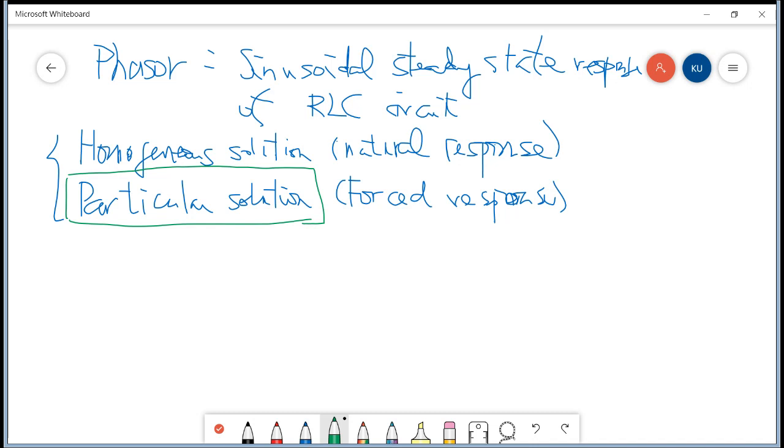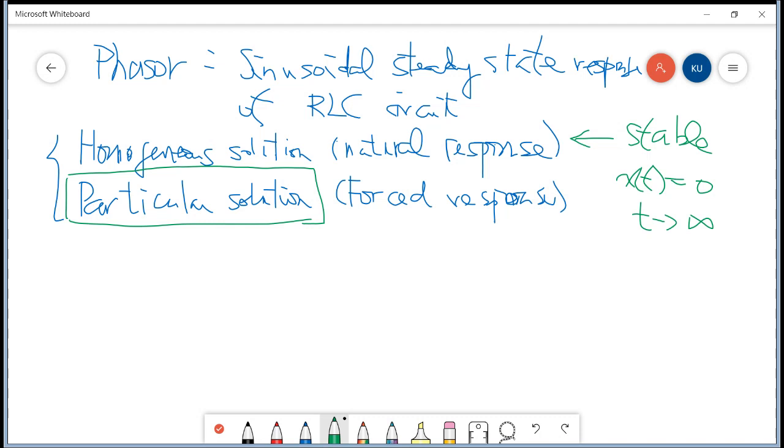And for this part, as long as your circuit is stable, usually your homogeneous solution, I call it x of t, will become 0 as t tends to infinity, or t is sufficiently large.